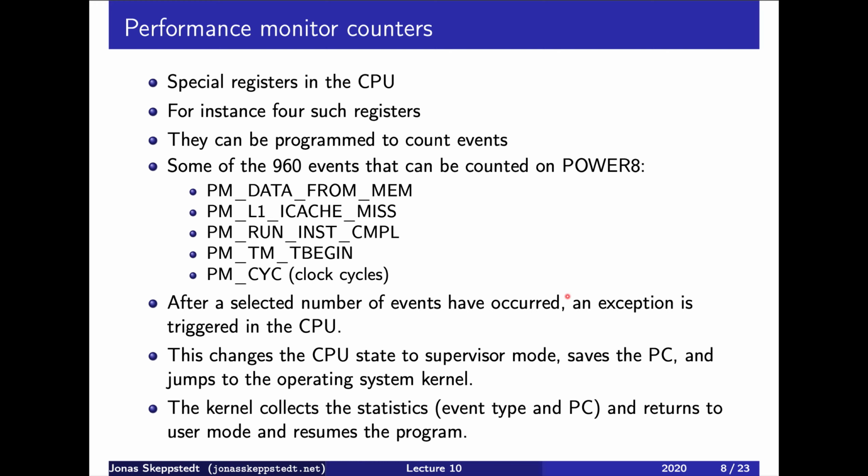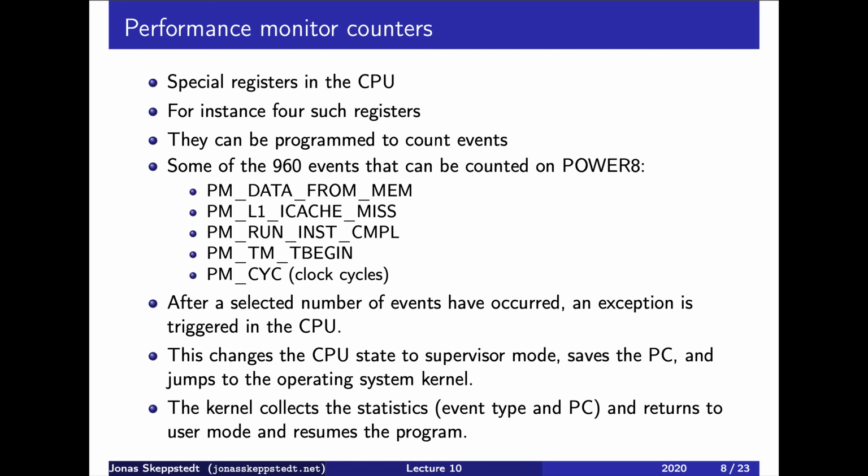So what is it really that happens? Well, we say how many such events, for instance, clock cycles or instruction cache misses, or number of times data is transferred from memory to a cache. When a sufficient number of such events have happened, then an exception is triggered.